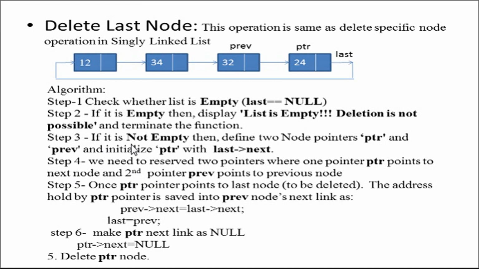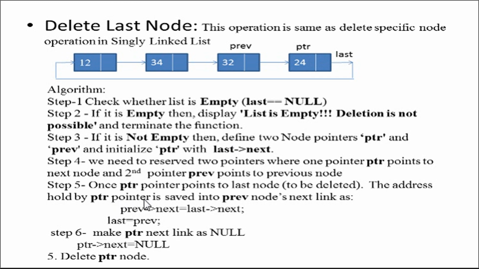So step 4 is nothing but we need to initialize two pointers ptr and prev and make ptr equal to last next. So it will point to the first node. Then we need to reserve the two pointers, where one pointer points to the next node and the second pointer prev points to the previous node. So when ptr is at 12, the prev will be the pointer which points to the previous node, that is the last one.